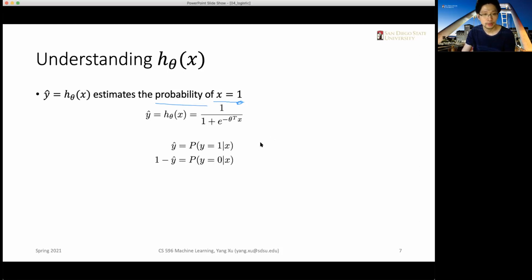We use y hat to indicate the probability that these data points belong to class 1, and correspondingly, because there are only two possible outcomes, 1 minus y hat is the probability that this data point belongs to the other class, which is class 0. This is a quite straightforward interpretation of the outputs of the model function h theta of x.